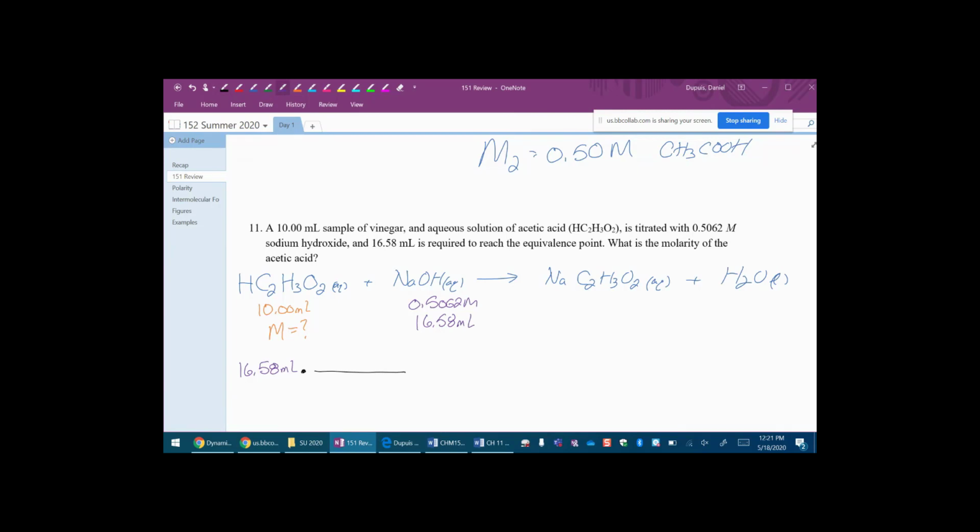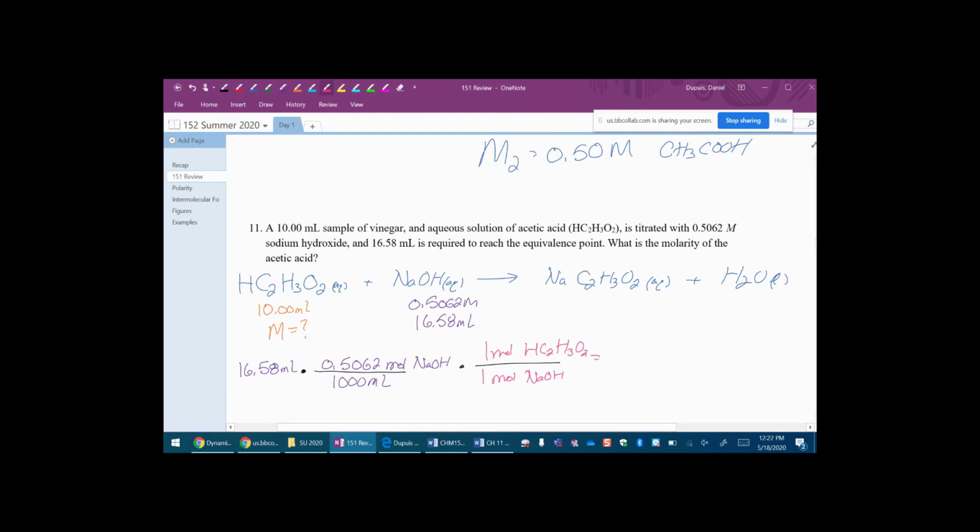Now remember, the molarity is 0.5062 moles of NaOH per 1,000 milliliters, right? 1 liter is 1,000 milliliters. Then we know it's 1 mole of NaOH to 1 mole of HC2H3O2, acetic acid.